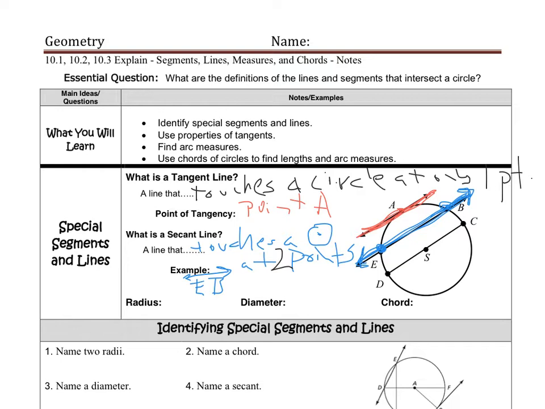Then we also talked about radius and diameter. Remember what a radius is. A radius is half the width. So when you look at this circle over here at the right that has S as its center, isn't there 2 radiuses? There's the radius SD, and also the radius SC. And what can we say is true about those 2 radiuses, SD and SC?